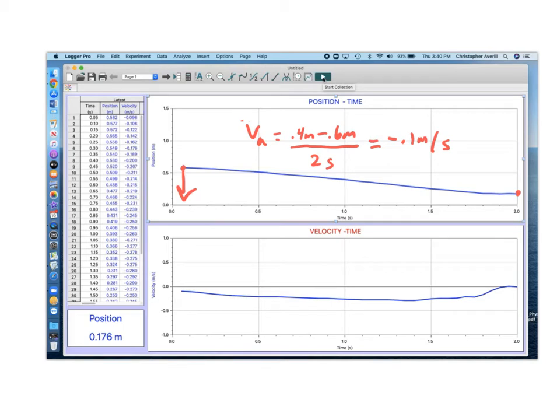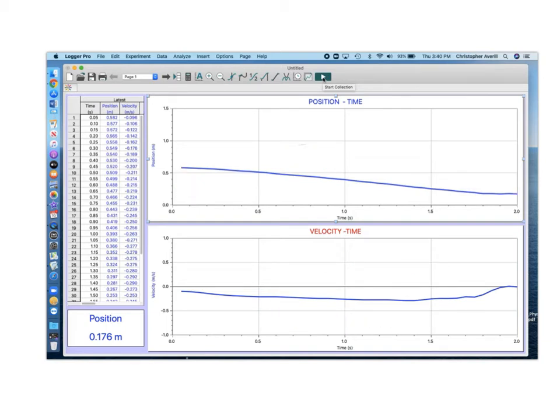And that makes a ton of sense because any line up in this direction is going away from the motion detector, because that's a positive velocity. And any direction down here in the bottom is going toward it, because that's a negative velocity.